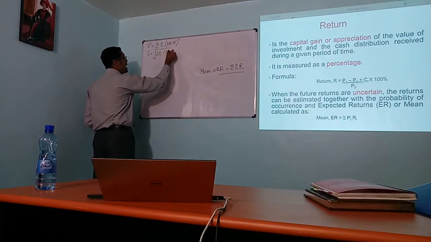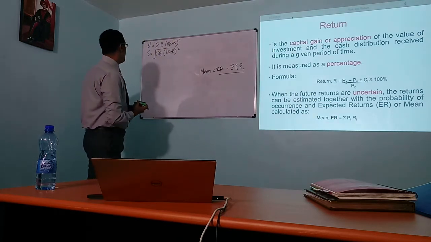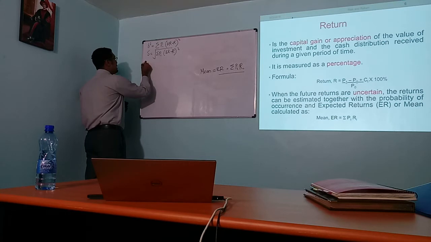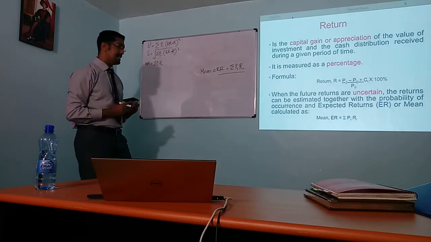The deviation is the return minus the expected return, squared. Now, we have another formula for return, which is given as expected mean return being equal to the summation of Pi multiplied by their expected returns.